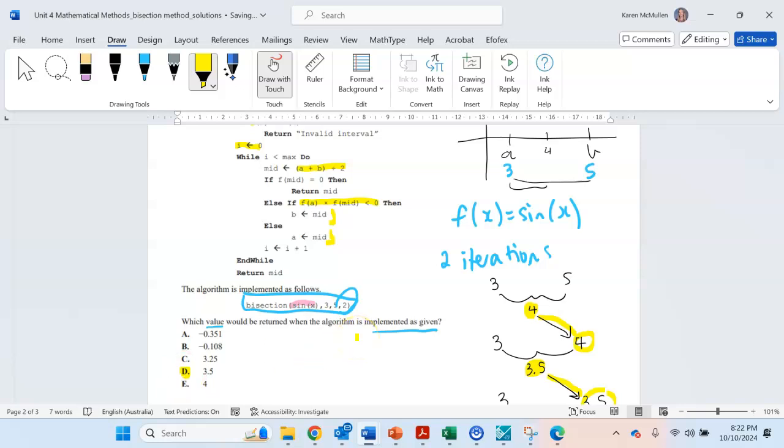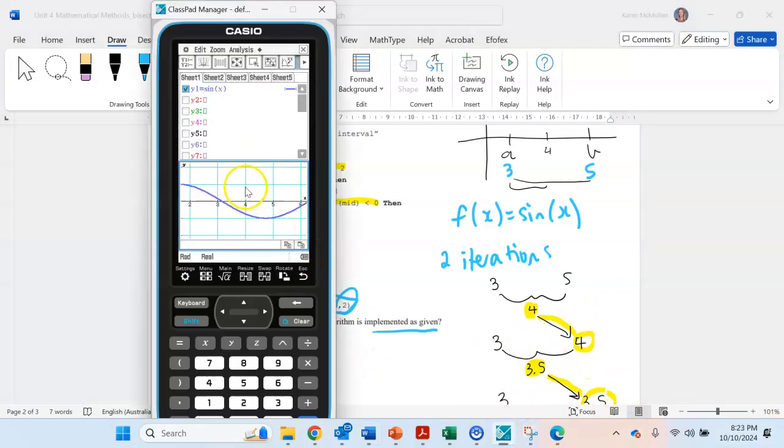Visually, you can use pseudocode, but it's a good idea to see what it looks like on your calculator. So I'll get my calculator up to show you. Here's the graph of sine x, and you can see we're going between 3 and 5. If you are unsure which value to make your midpoint, you can easily see when it's 4 that it's the value of b that changes.